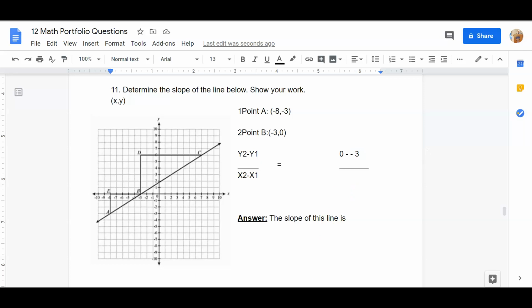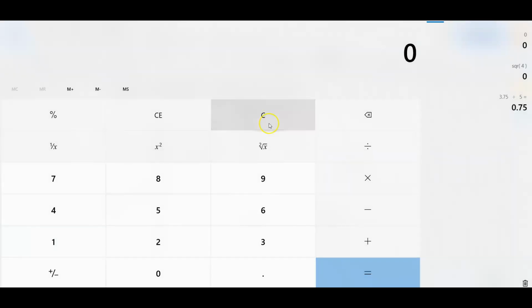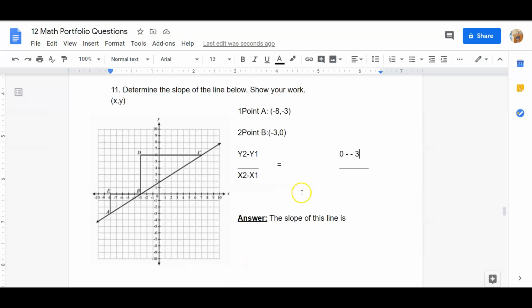When you do it in your calculator, you should do 0 minus, see I click the 0 minus 3, and then you click this button, negative. Oops, that gave you the answer. But you're going to have to do it yourself. Again, you didn't see it quick enough. Was it plus? Was it minus?